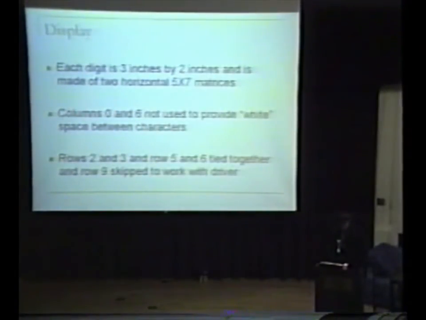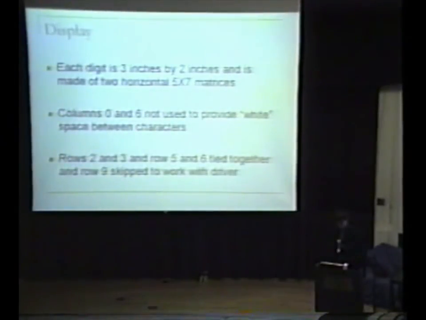The display was a 3-digit, 3-inch by 2-inch dot matrix LED. The display was actually made of two separate 5x7 matrices which were turned horizontally. For the display, columns 0 and 6 were skipped.